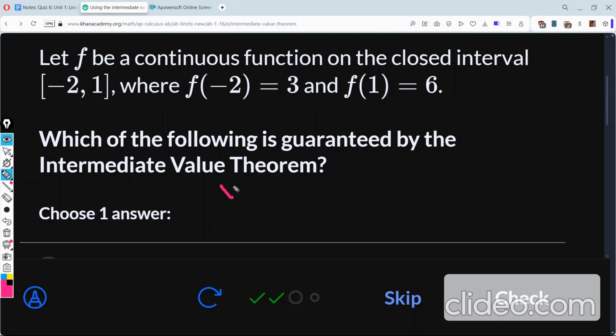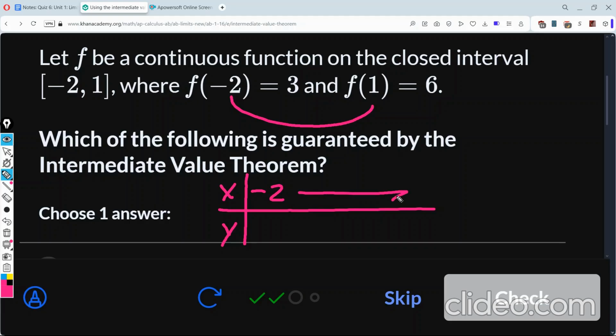We have our x and our y values. What does the x run from? You can look at this interval here, or you can just look at what they plugged in. For x, it runs from -2 to +1. Remember, x is the value that's getting plugged into the function.